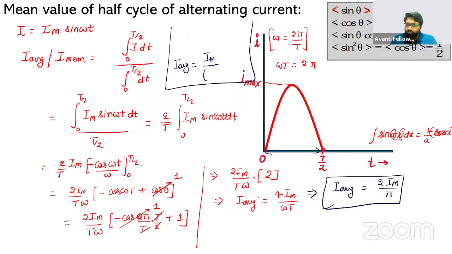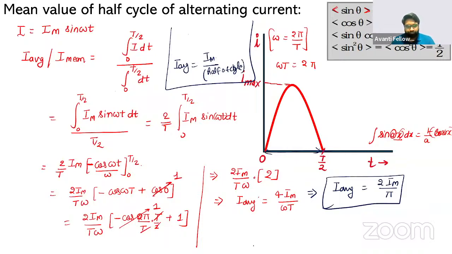T/2. T/2 पुट करोगे तो वैल्यू इज गेटिंग पाई. मैंने पहले भी बताया था आपको पिछली स्लाइड में. ये वैल्यू कितनी होती है? पाई. सो पाई/2 विच मीन्स हाफ ऑफ साइकिल लेंथ. ठीक है. Im अपॉन पाई/2.